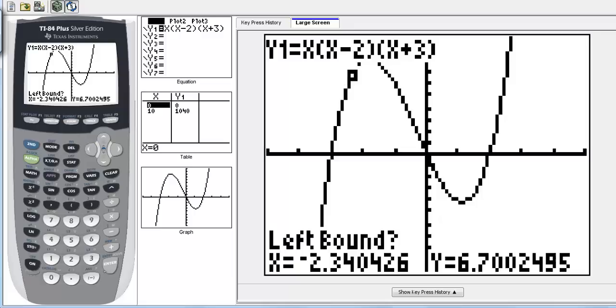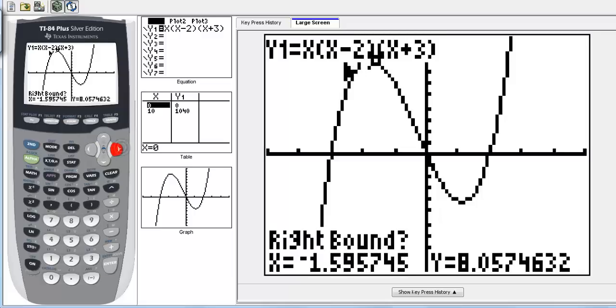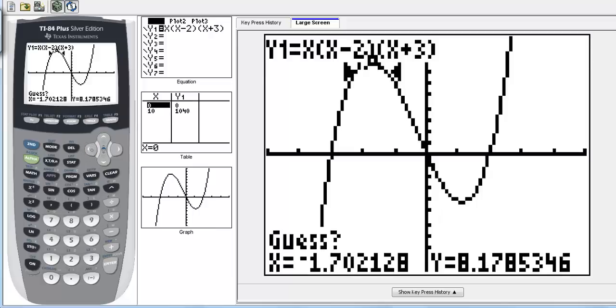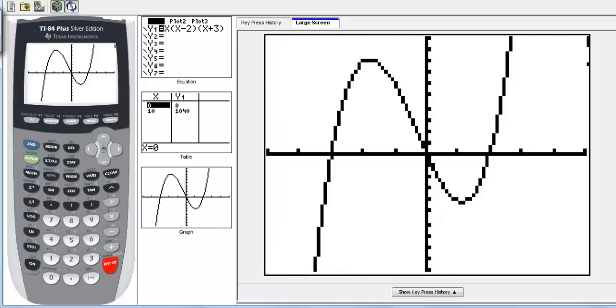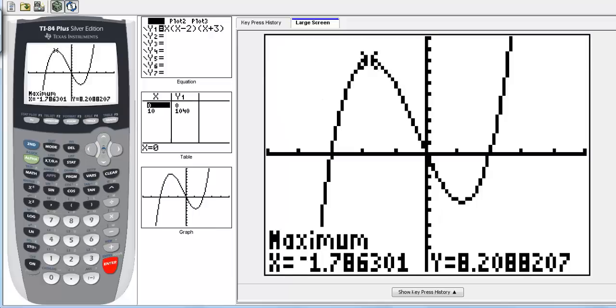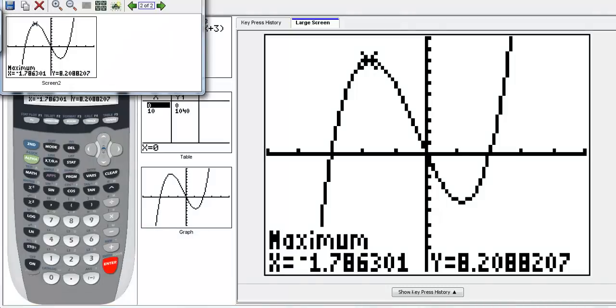And once we get it to the left, we hit enter. Then we want to go to the right of our point, hit enter, and then go in between and make a guess, hit enter. And we end up with a maximum of negative 1.78 or negative 1.79 and 8.21.